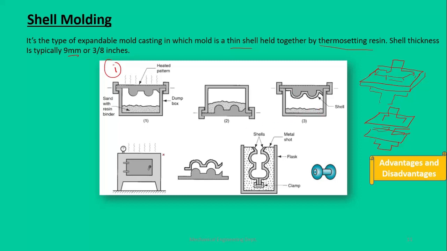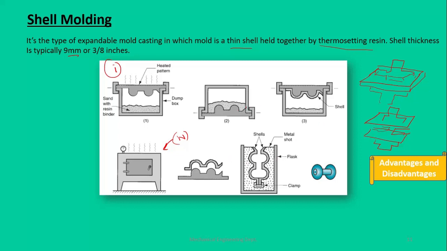Then, in the fourth step, this pattern with the sand shell on its surface is placed into the furnace or oven. The sand shell is heated in the oven for several minutes to complete the curing. Once it is heated for a few minutes so that it becomes hard, it is taken out of the oven and the shell is stripped from the pattern surface.